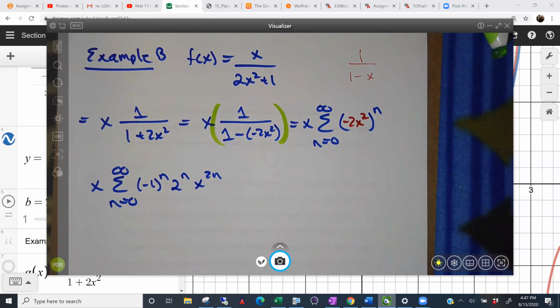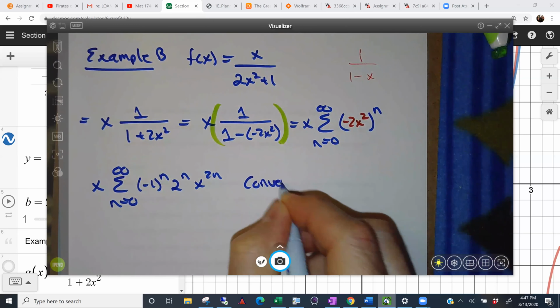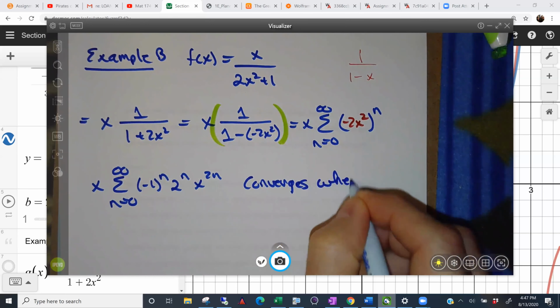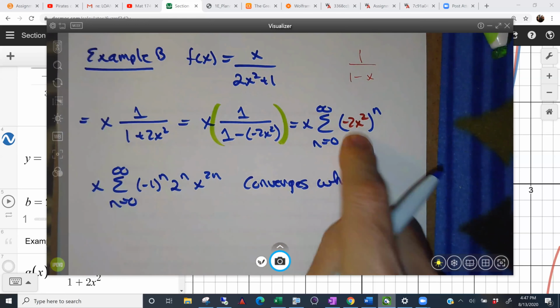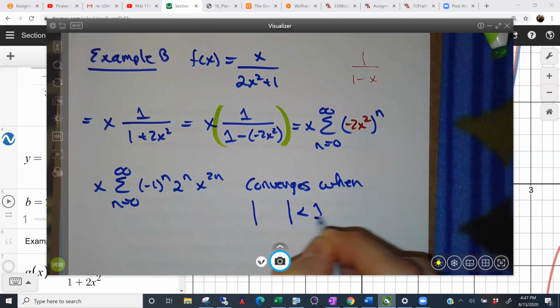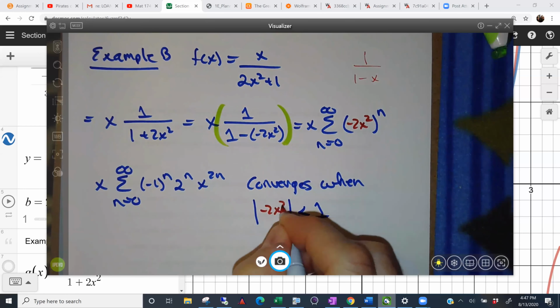What about its radius of convergence? Where is this one going to converge? Good question. Let's take a look at it. It's going to converge when the absolute value of that term is less than 1. Absolute value of this is less than 1, 2x squared.